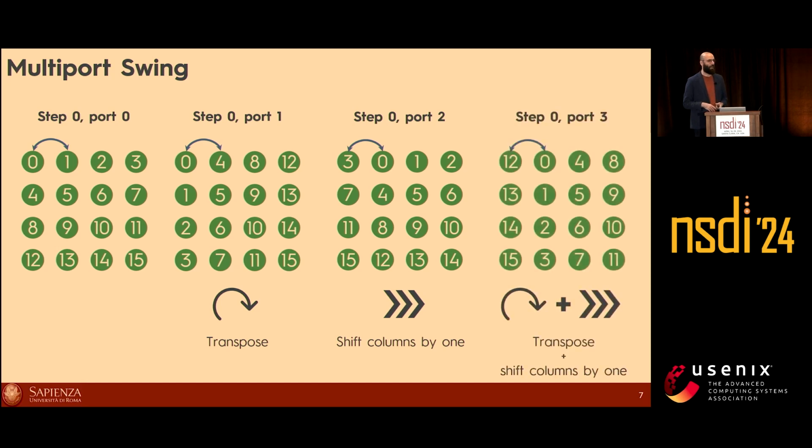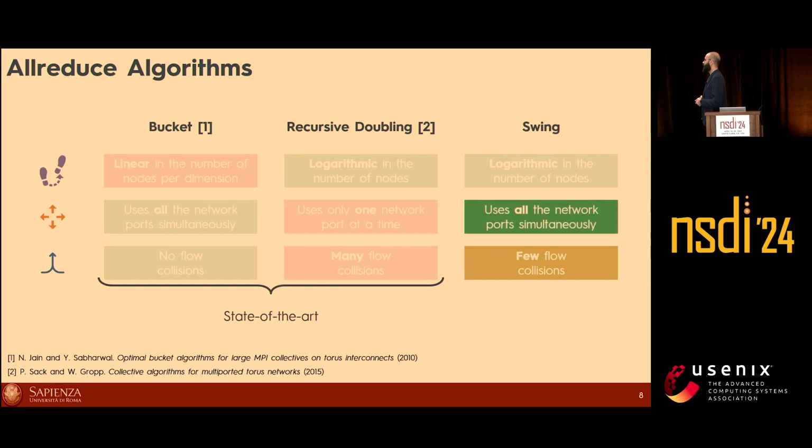And then we combine transposition and shift of the torus. This is just logically rearranging the node IDs in such a way that eventually we can communicate with everyone. So these 4 communications happen at the same time, so we're using all the links and all the ports on the network. Okay, so these were the 2 main intuitions: reducing the number of flow collisions and using all the network ports.